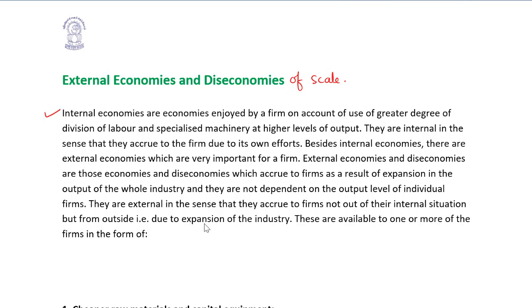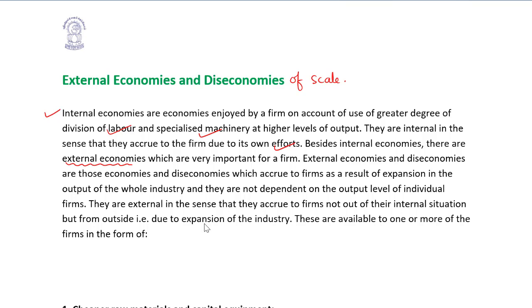Internal economies and diseconomies enjoyed by a firm on account of use of greater degree of division of labor and specialized machinery of output. They are internal in the sense that they accrue to the firm due to its own efforts. Besides internal economies, there are external economies also, which are very important for the firm.